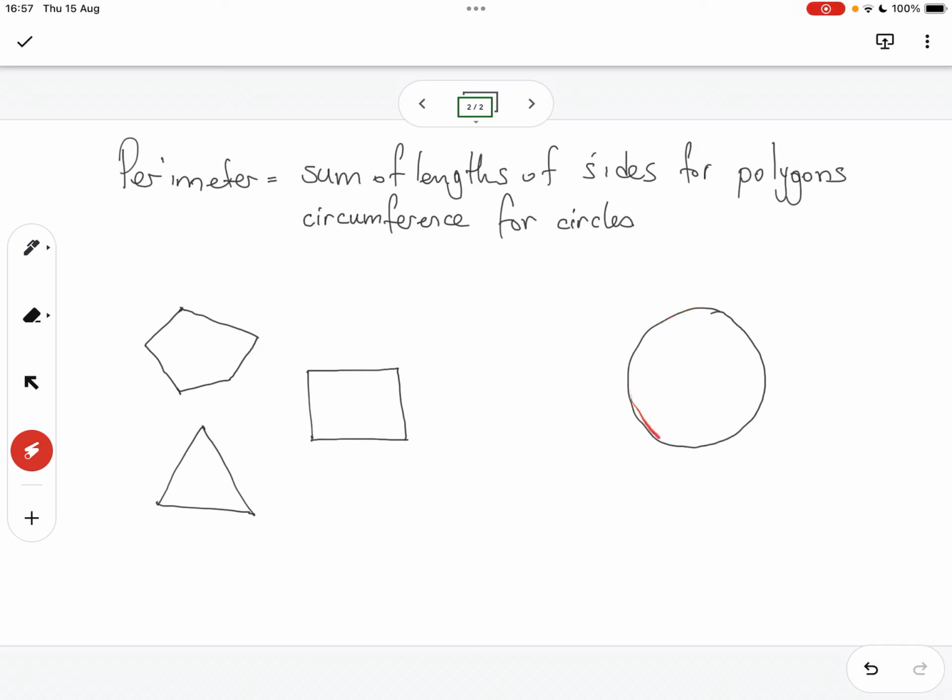Think about the middle of a soccer pitch, the belly button of the soccer pitch. That big circle, if you were to walk around it, that would be the circumference. So that's what is meant there.